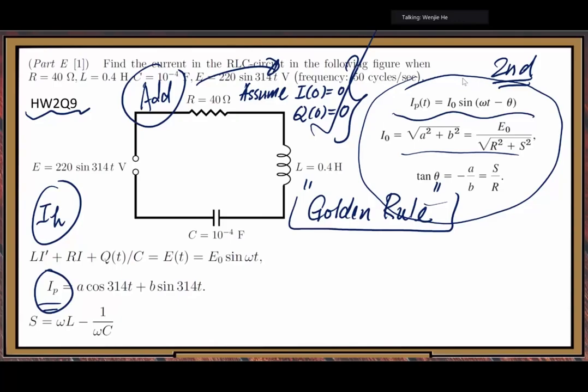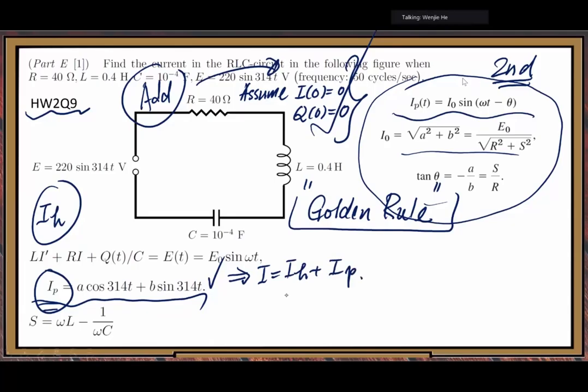But when you use this initial condition, your solution can only be this IP, right? So it's not the general solution. It's an IP solution. Then after that, you need to go to the general solution, right? So after you find the IP solution, next step, you need to find the I solution equals IH plus IP.